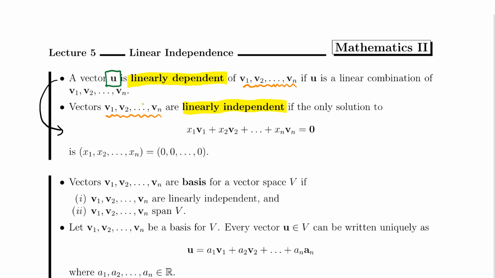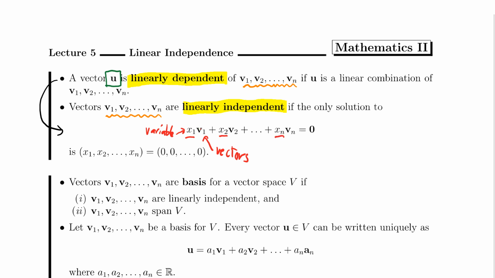The mathematical way of saying that is to say that the only solution to this vector equation x1 v1... this x is my variable, and this v is my vector. So these x here are the unknown variables.